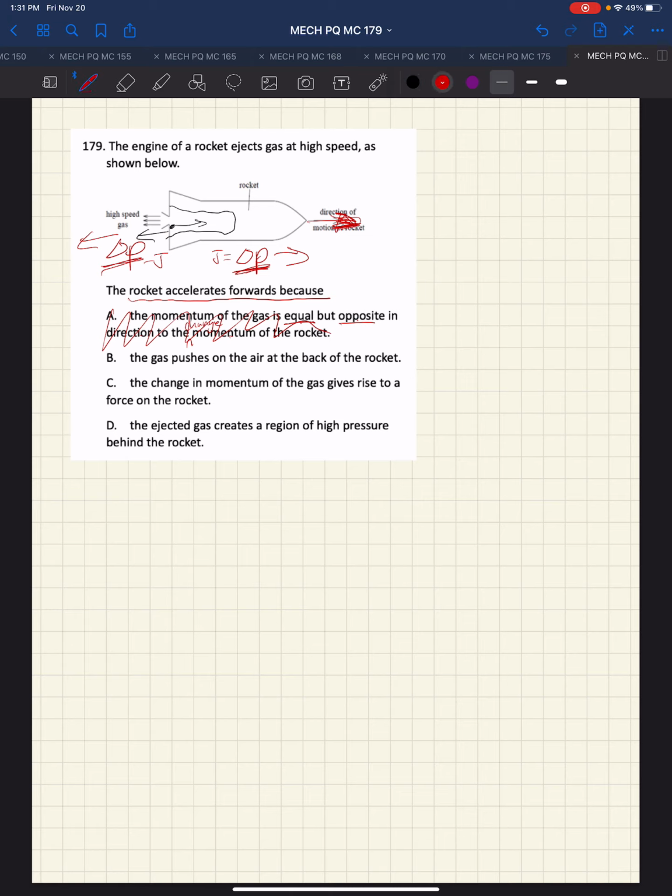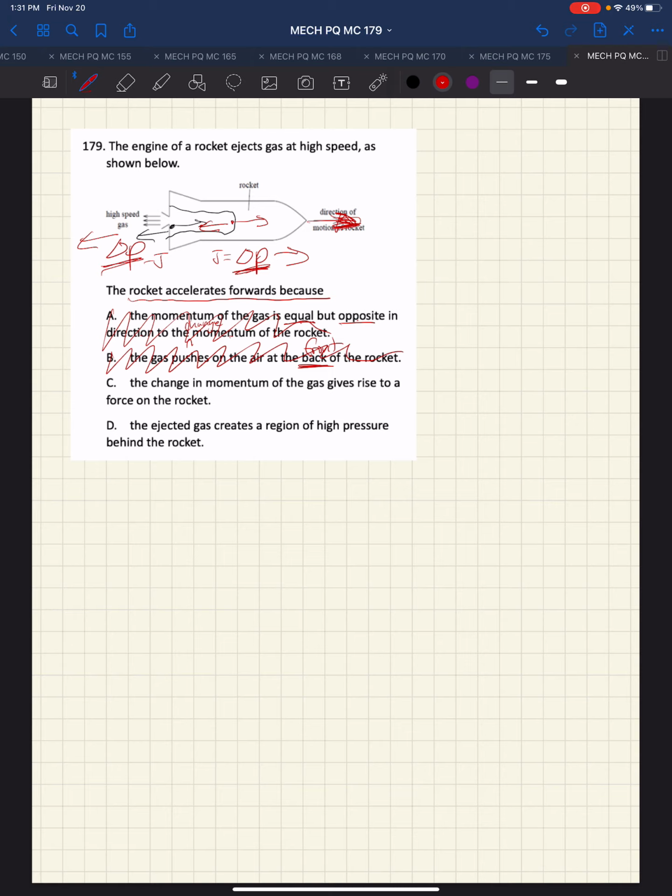So the gas must actually push on the front of the container in the rocket, so that the gas will push this way and the rocket will push that way. Action, reaction. But the gas is actually going to push the front of the rocket to propel it to the right. So it's actually not about the back, it's the front. So choice B is out already.